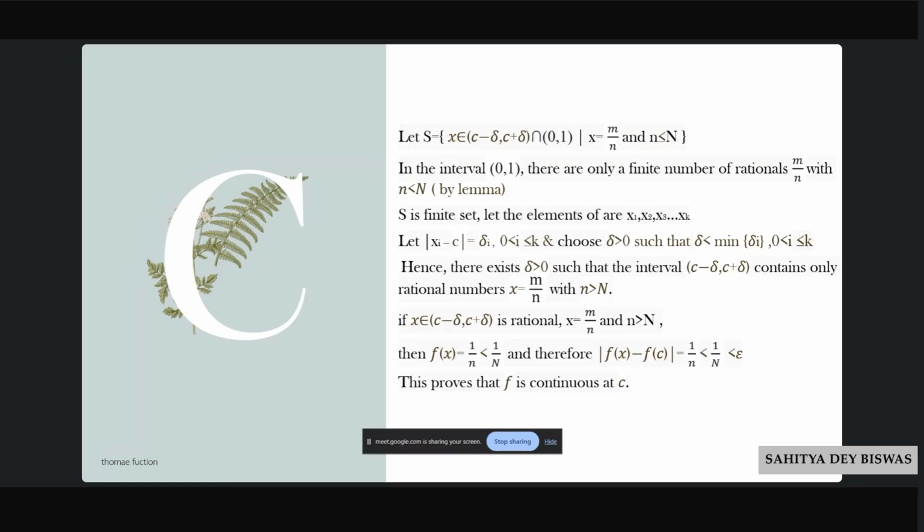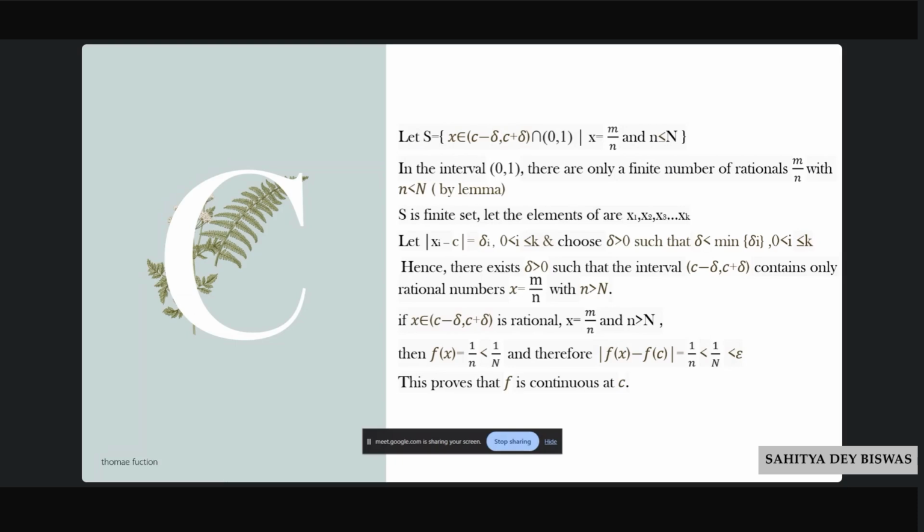And now we are already discussing case 2: for the rational numbers whose denominator is greater than N, the mod value of f(x) minus f(c) is less than epsilon. We already proved it in case 2.